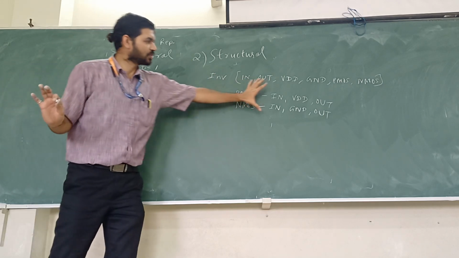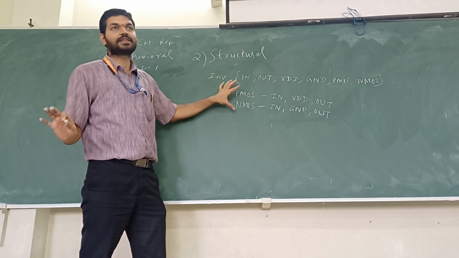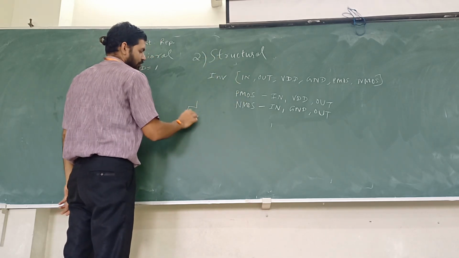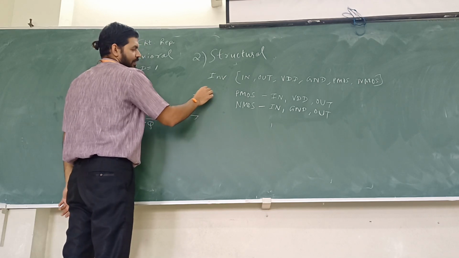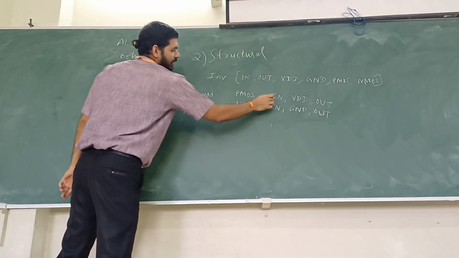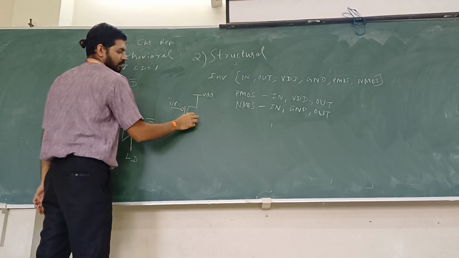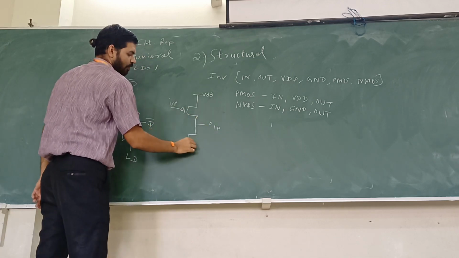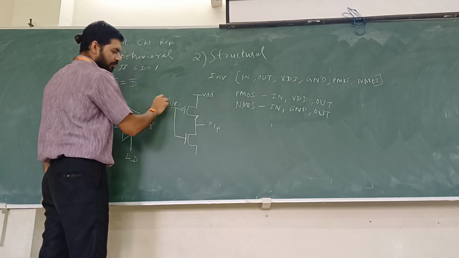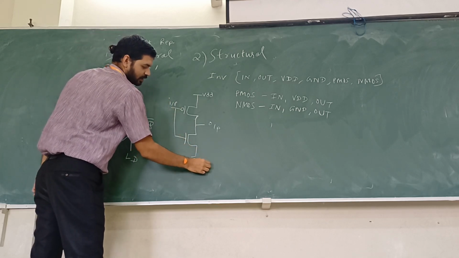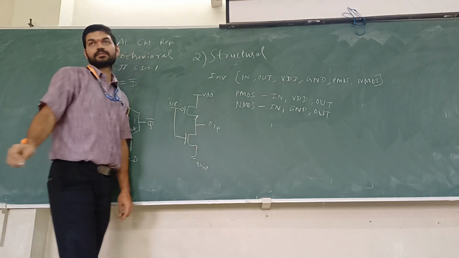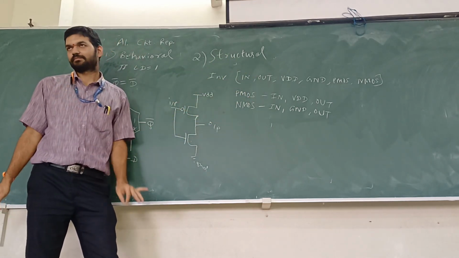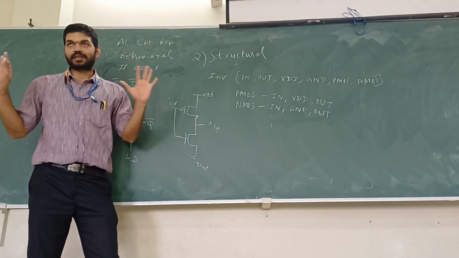This code is actually representing the structure of the inverter. So PMOS is connected to VDD and input, and output. NMOS is connected to input, ground, and output. So this code is actually representing the structure of the circuit, but not exactly.